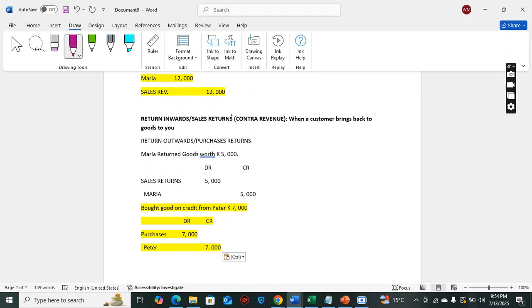Once we reach the ledgers or the T accounts, this is how it's going to look. Let me just give you an illustration. This is Maria's ledger or T account. When she bought goods on credit from us, we debited her with 12,000, saying that she's owing us 12,000 kwacha.